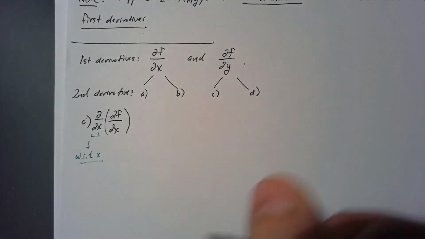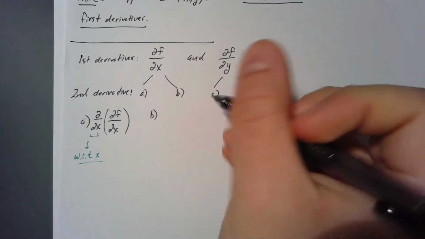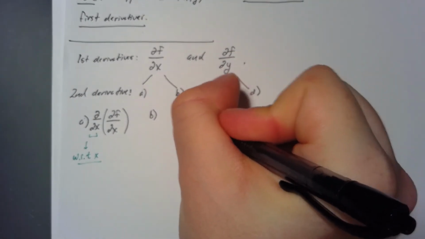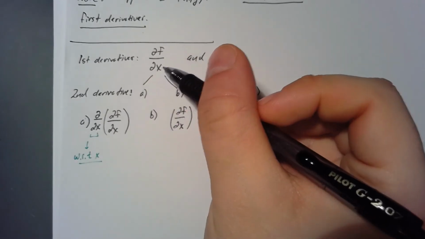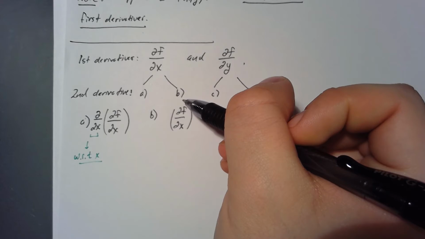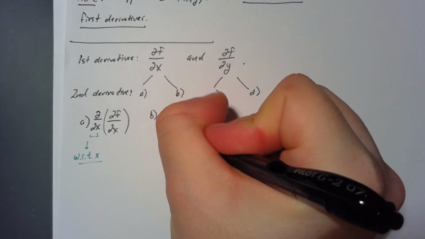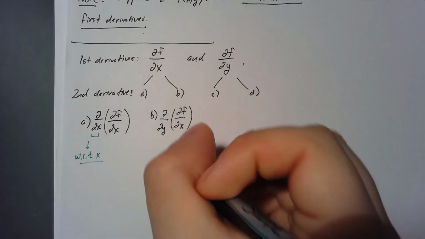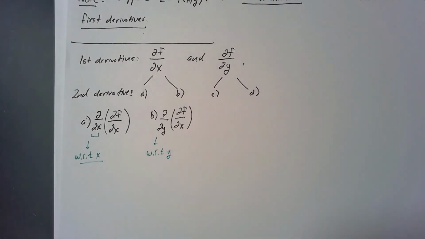Now, I just keep going. So b, the partial derivative with respect to x, right? That's the first derivative. That's going to be differentiated with respect to y. All right? And then I do it for this one.